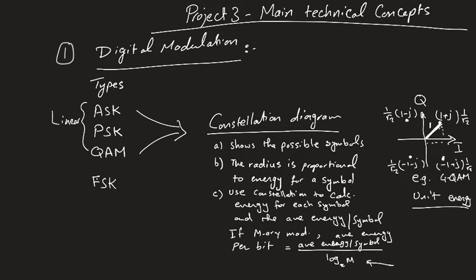This is the number of bits per symbol. So I can also calculate the energy per bit if I want to do that.